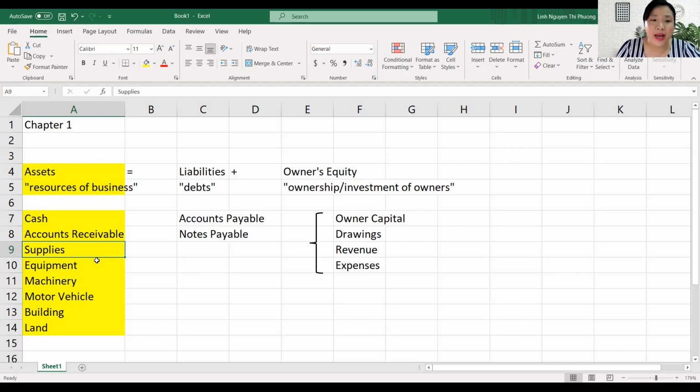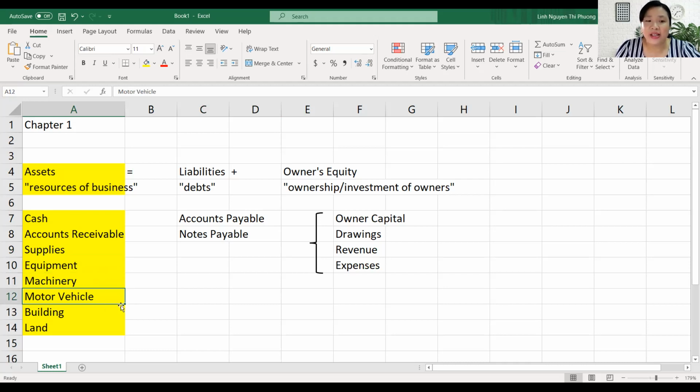And next we have equipment. Okay, equipment, for example, can be computer, or any equipment that you use in your business. Machinery. Okay, if you have a machine at your factory, it will be called machinery, and it is an asset.